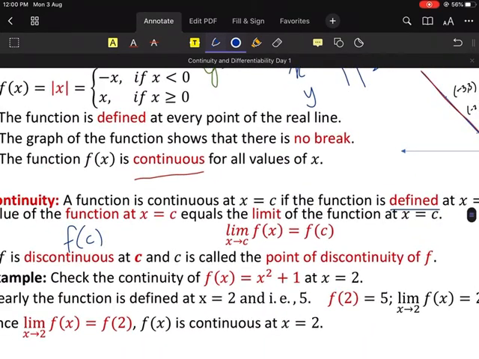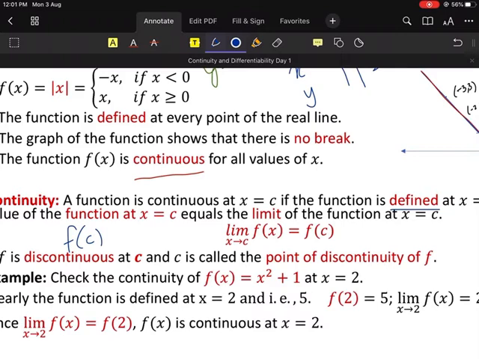The value of the function at x equal to c must be equal to the limit of the function at x equal to c. Now when they say limit of the function, it means that the left hand limit is equal to the right hand limit. So that's why they said limit x tends to c. They are not saying limit x tends to c minus or limit x tends to c plus, because they have already said that the limit exists.